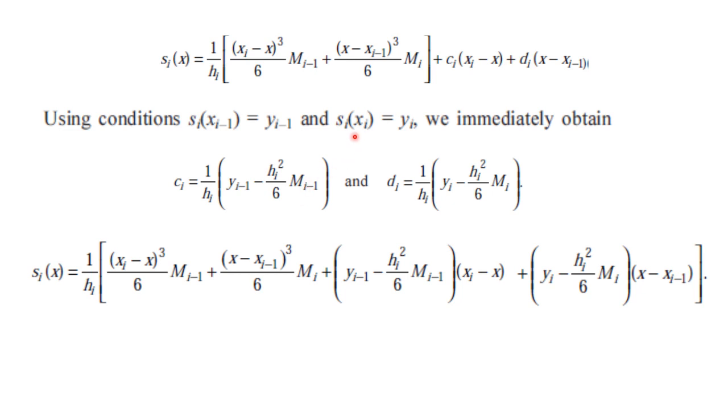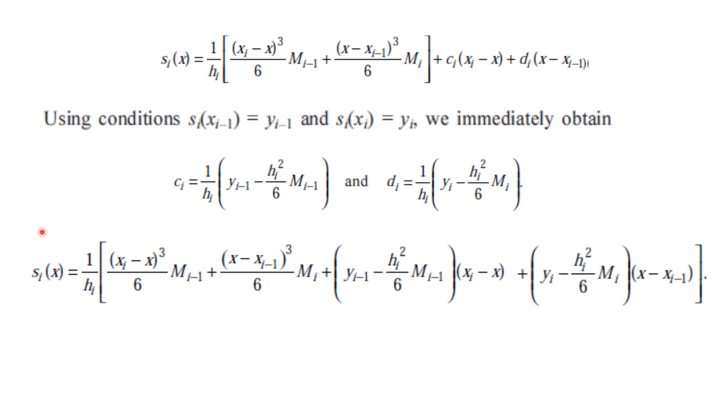And putting x equal to xi in this equation, this becomes 0 and this becomes 0, and this becomes again hi. So we obtained di as 1 by hi times yi minus hi squared by 6 mi.